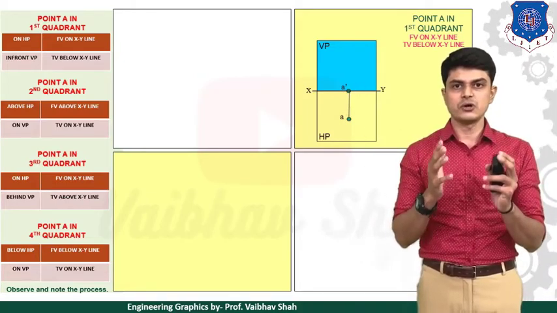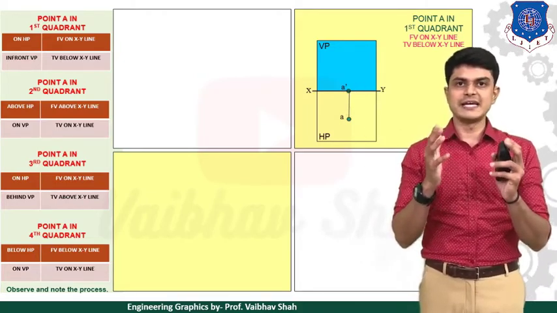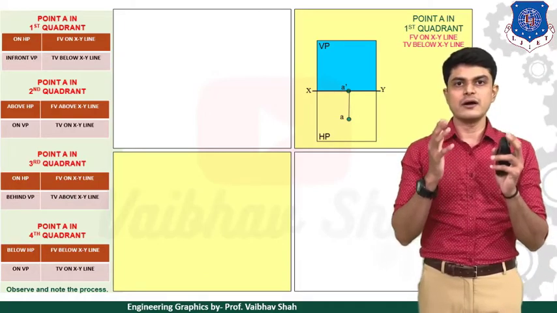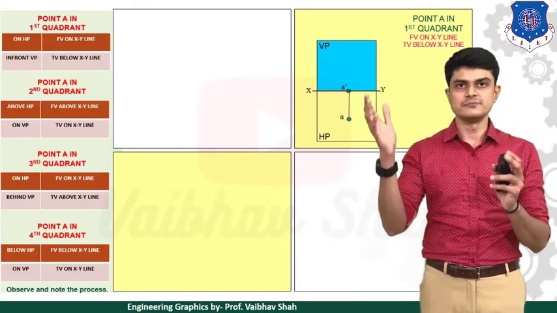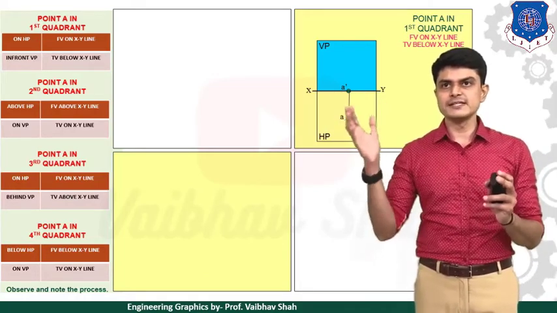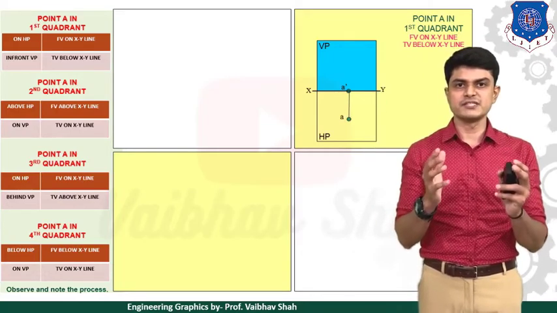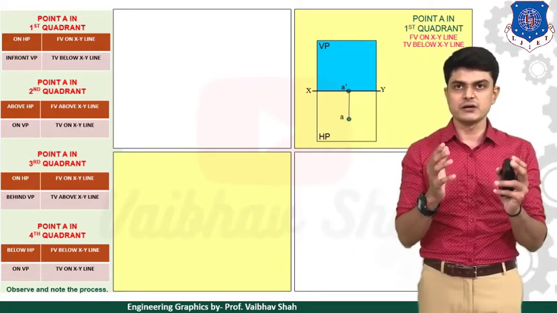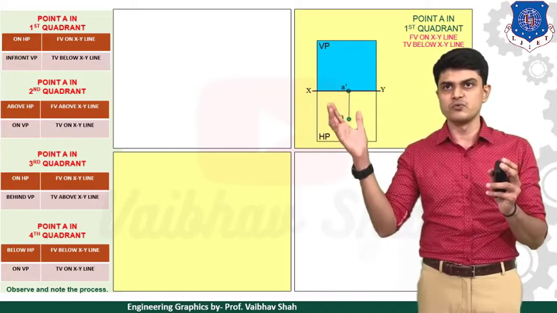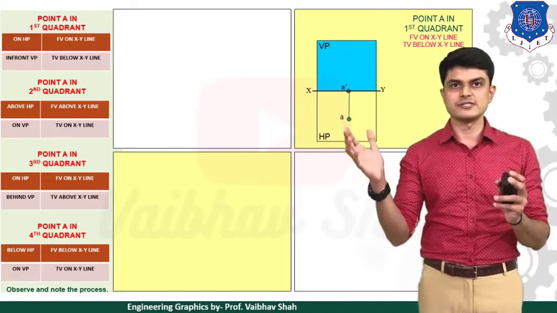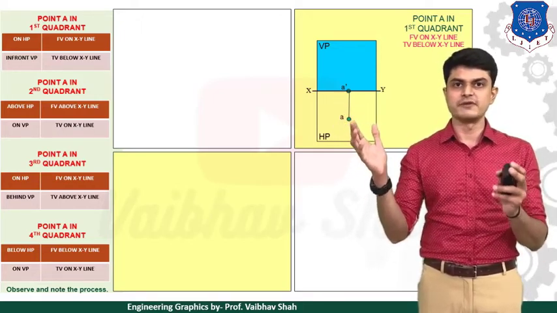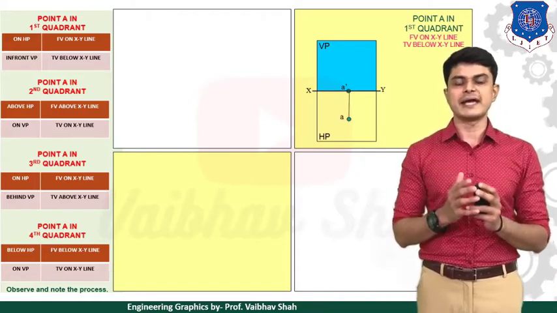Whenever your point is on HP, that means your view would lie on the XY line here. Second, it is in front of VP. In front means what? Whenever your point is in front of VP, as you can see, the top view would lie below the XY line. So this is your top view, or the point without dash, which will always lie below your XY line.